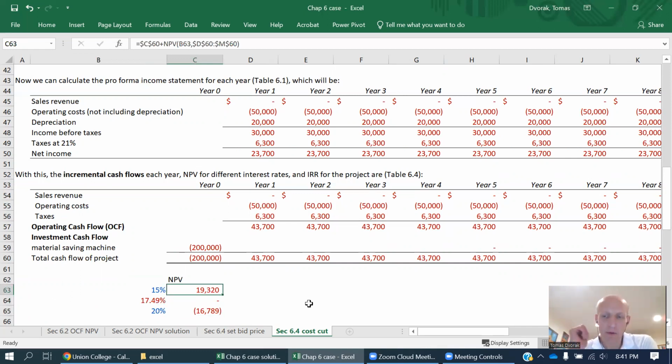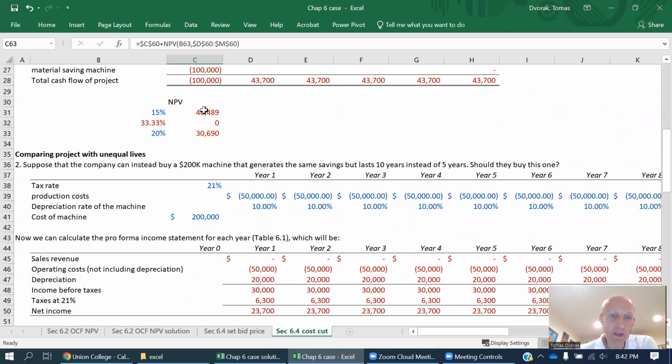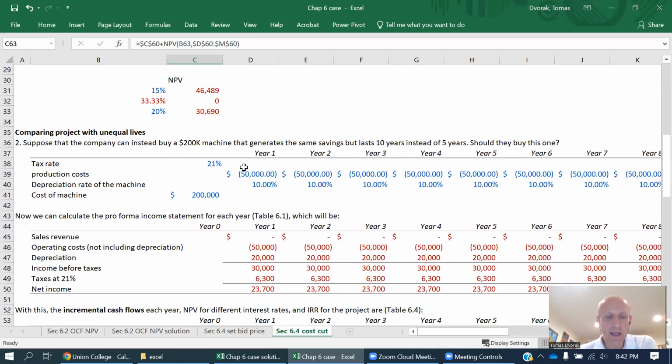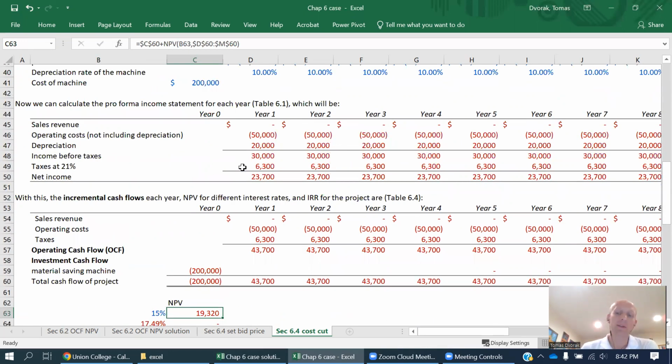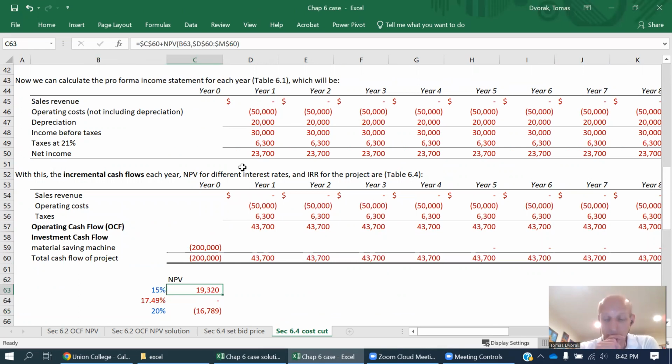So now we find that the NPV of this project, the 10-year machine, is $19,000, and the NPV of the 5-year machine is $46,000. Now the problem is that if the two projects have unequal lives, NPV is not an appropriate metric.